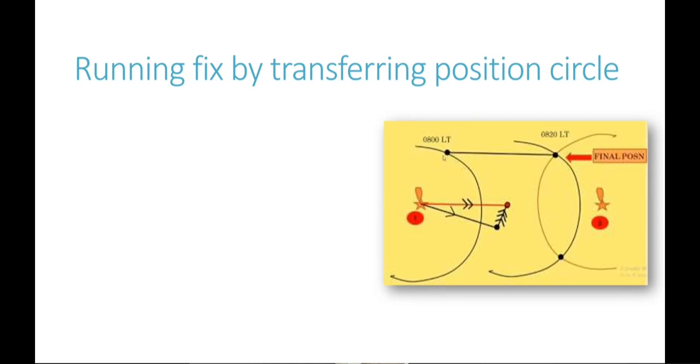Another thing which we did yesterday, that is geographical range, luminous range, and nominal range, again gives us a position circle. If you have raised a light and the light has just appeared on the horizon, and you check up the geographical range and the luminous range, and you come to know that geographical range is the lesser one, then you pick up that geographical range, and that becomes the radius of your position circle.